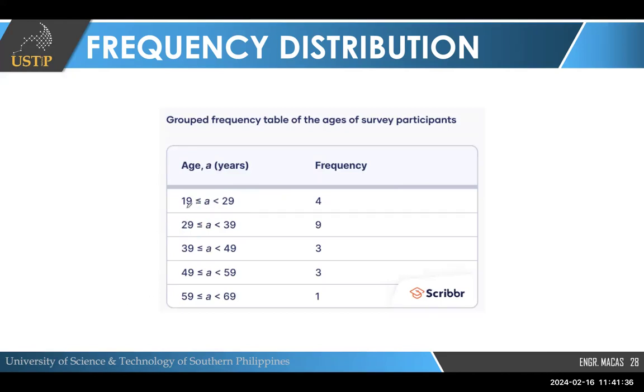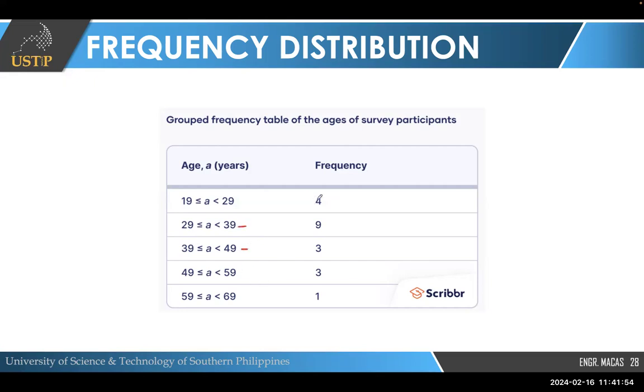So let's go back. 19: the age is greater than or equal to 19 and less than 29, so you can use 29 here as the next lower limit. Plus 10, that would be 39 for the upper limit, then 39 to 49, and so on.